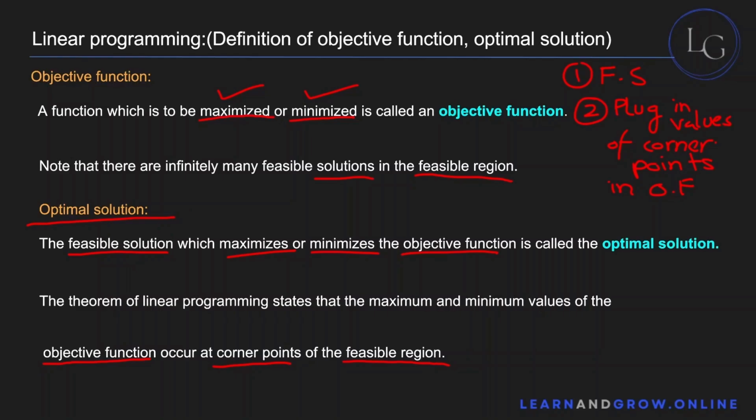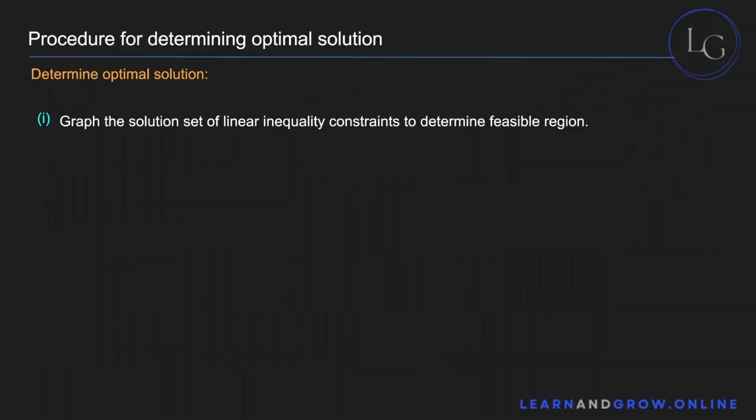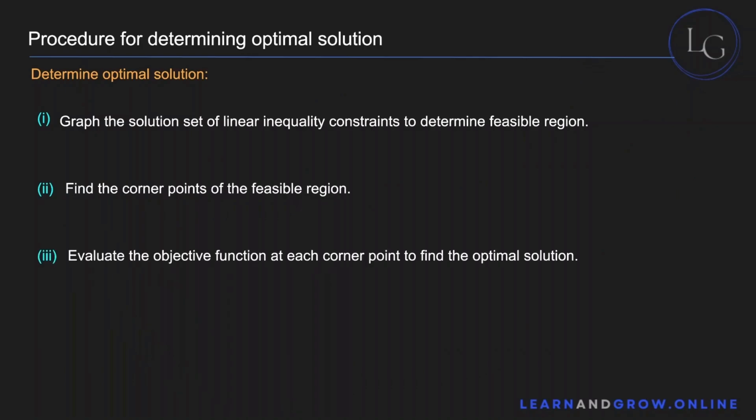Okay, so the procedure for determining the optimal solution, again, like I said: one, graph the solution set of the linear inequality constraints to determine the feasible region. Two is to find the corner points of the feasible region, and the third is to evaluate the objective function at the corner points to find the optimal solution, which is maximized or minimized.